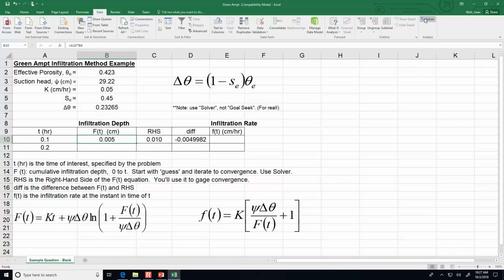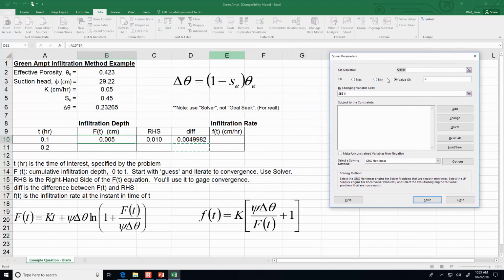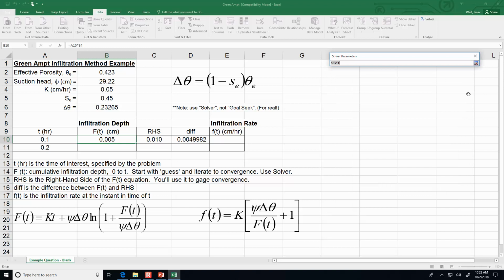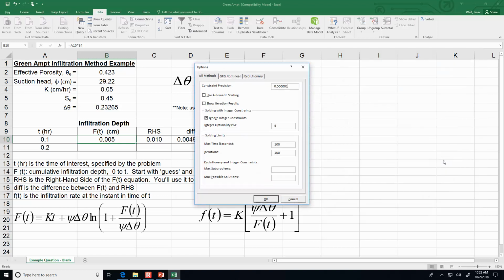All right, so what we're going to do is start up Solver, and the objective is the difference is equal to a value of 0 by changing this guess value of f of t, and then click Solve. And the reason, again, why we're doing Solver instead of goal-seek is we could choose these options here, and in the options you can say the precision you want for convergence.